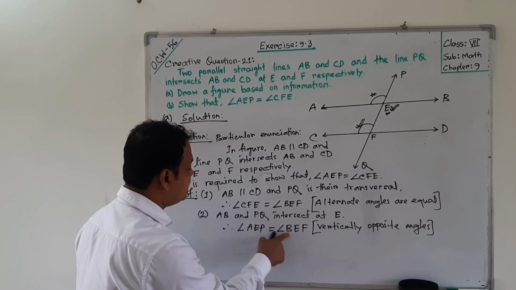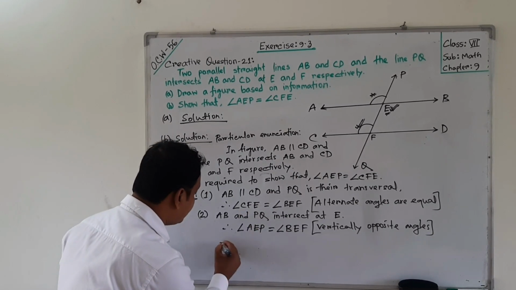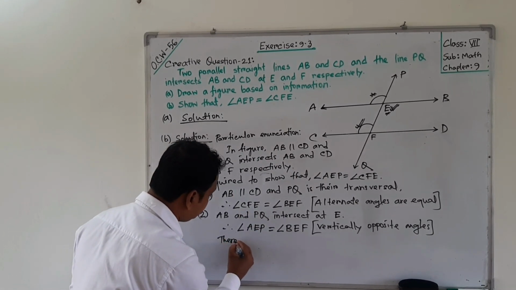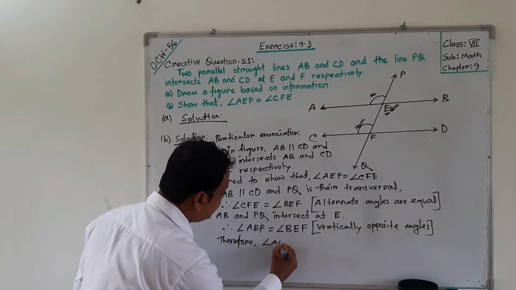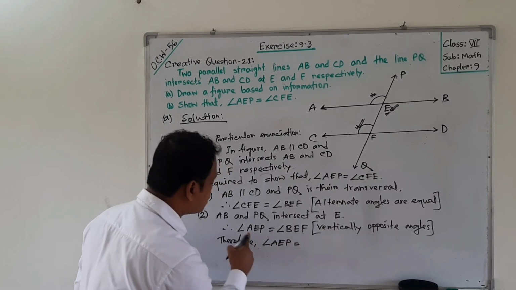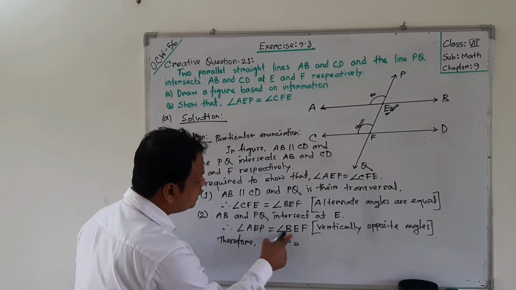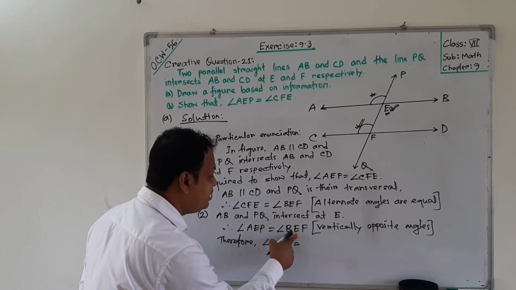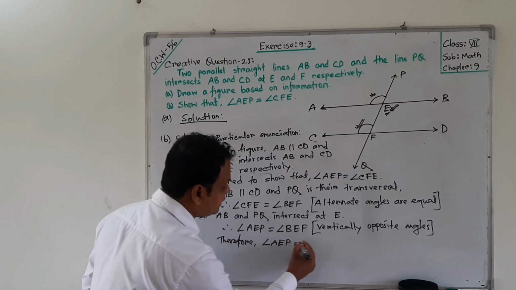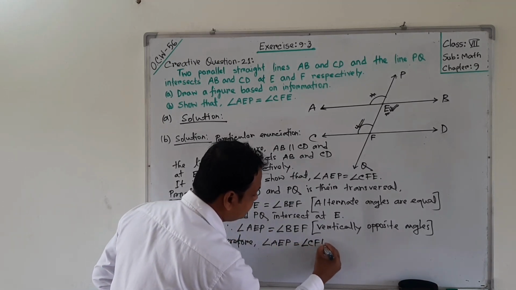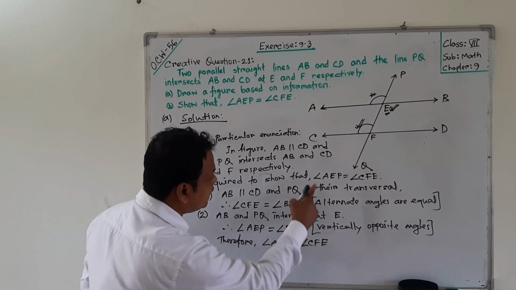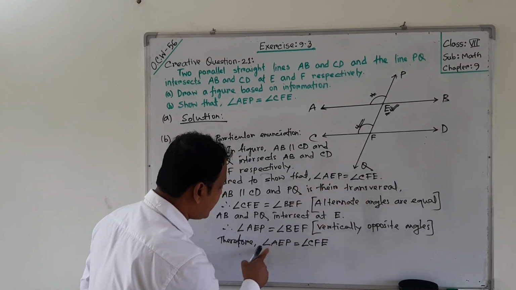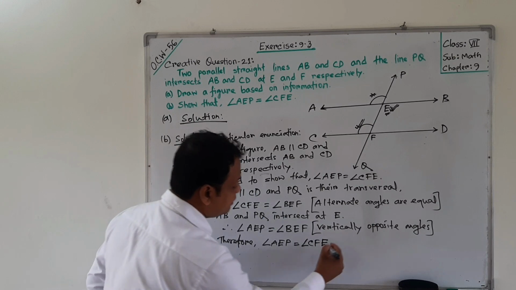So instead of BEF we can write CFE. So we will write therefore angle AEP equals, if we put the value of angle BEF, angle CFE. So this is the required thing we have to show. Angle AEP equals angle CFE. Shown.